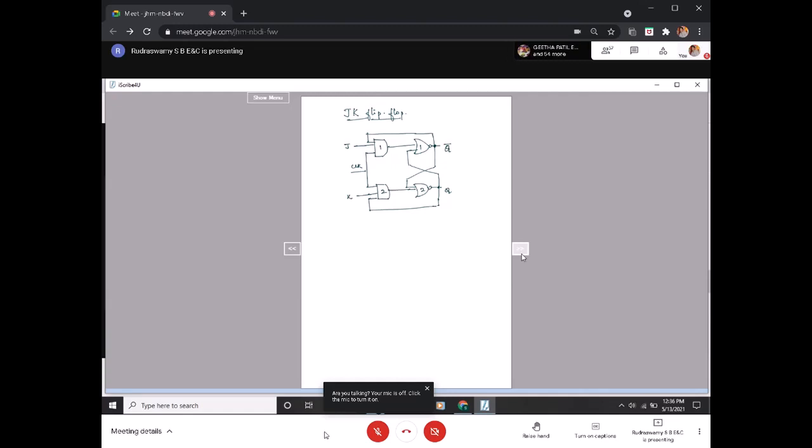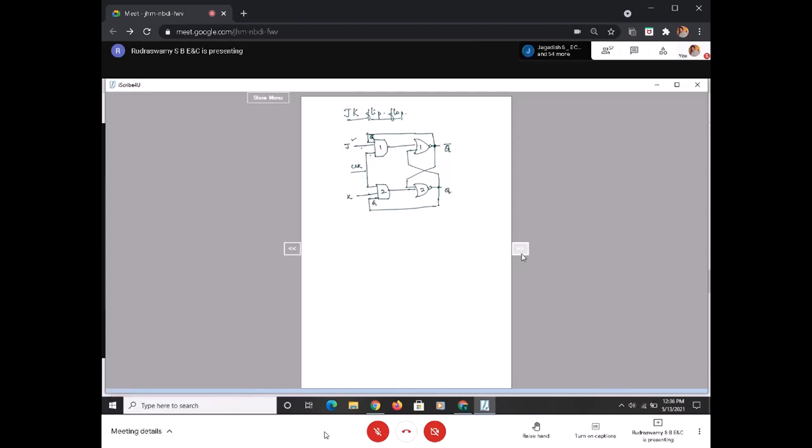Converting an SR into JK, this is the thing. This is Q bar and Q. Make sure that whichever AND gate has J as input, the other input, no doubt, will be clock. The third input should be the complement, that is Q bar, not Q. And whichever AND gate has the K input, one of the other inputs should be Q and the remaining will be the clock.